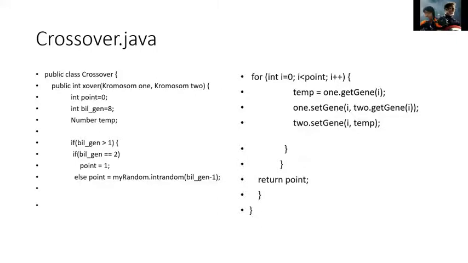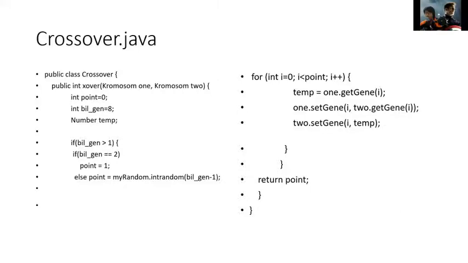By default, it is a fixed number. And we have a temporary variable to make sure that we can later exchange the divided parts of the 2 chromosomes. In this example, bilangan generation is definitely more than 1.